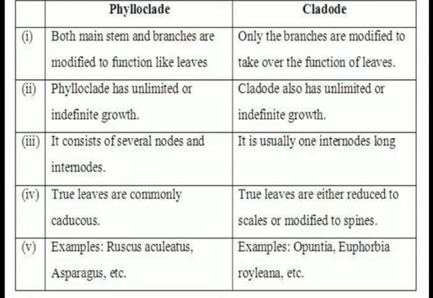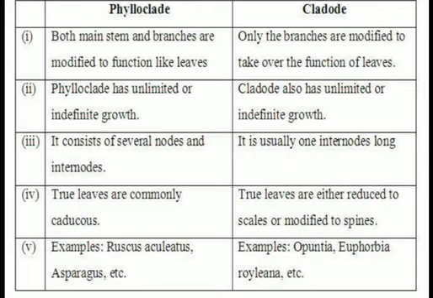In case of phylloclade, both main stem and the branches are modified like leaves, whereas in cladode, only the branches are modified to take over the function of the leaves.